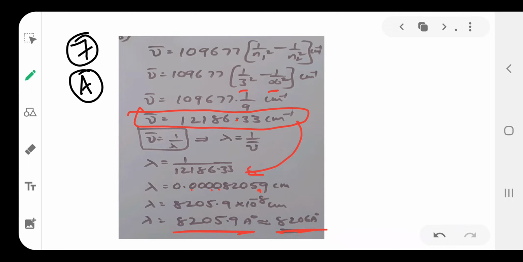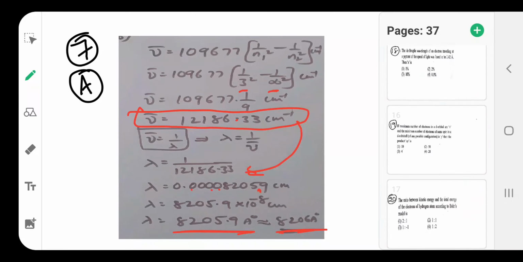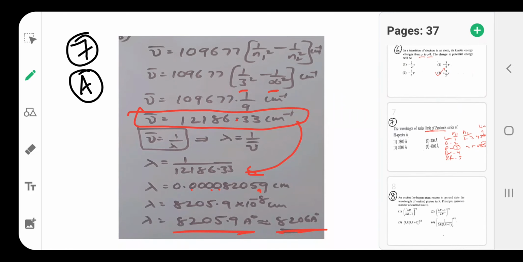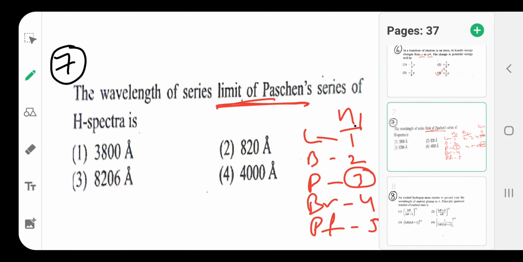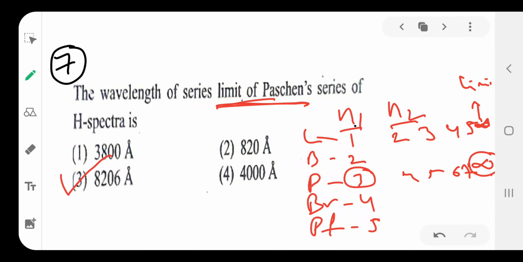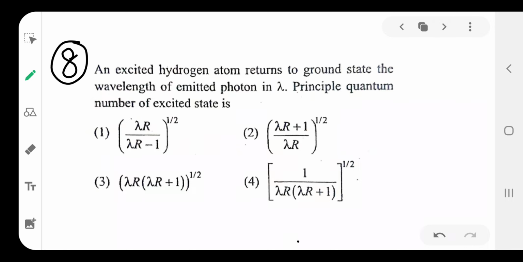The wavelength of the limiting line of the Paschen series is 8206 angstrom units. So that is the seventh question. The option is 3.